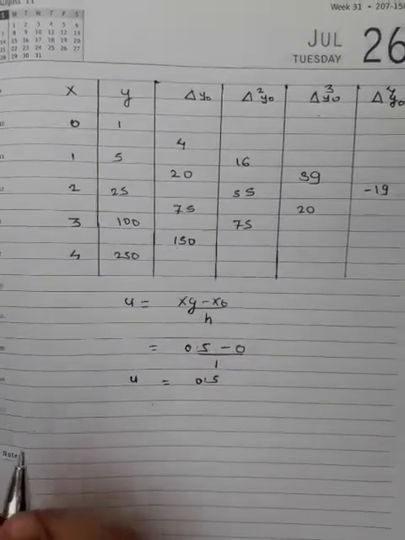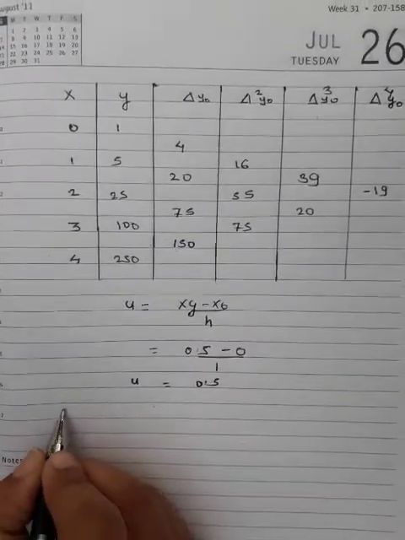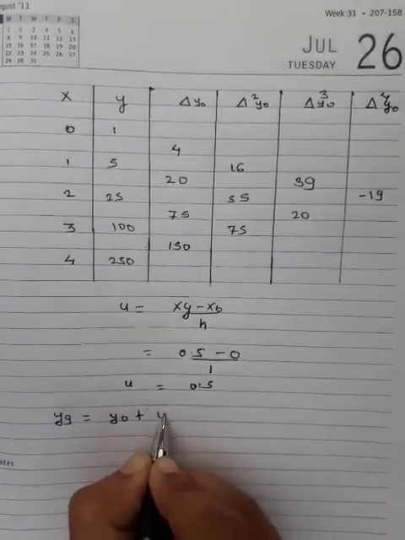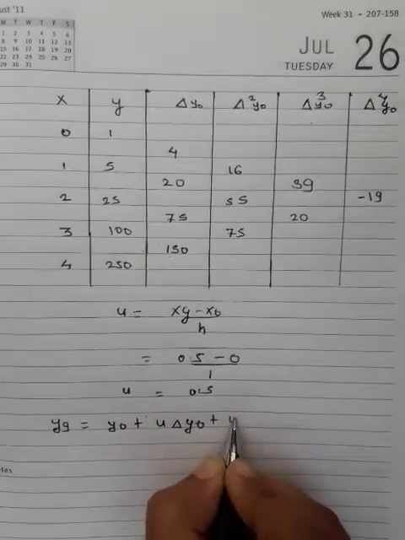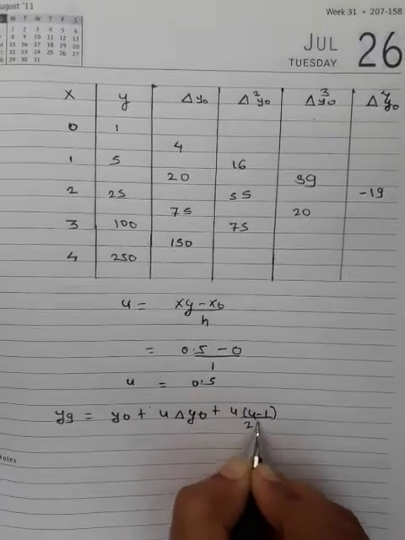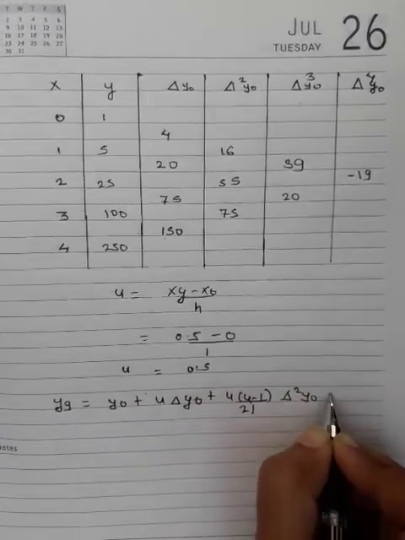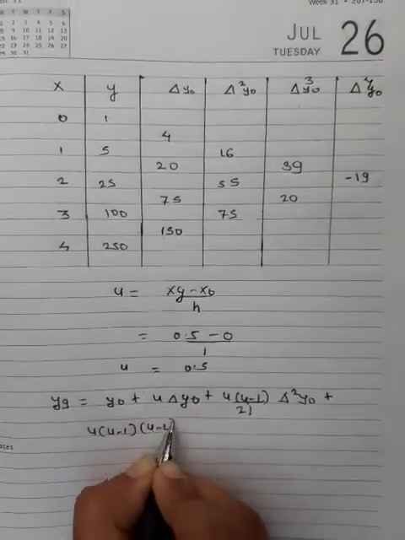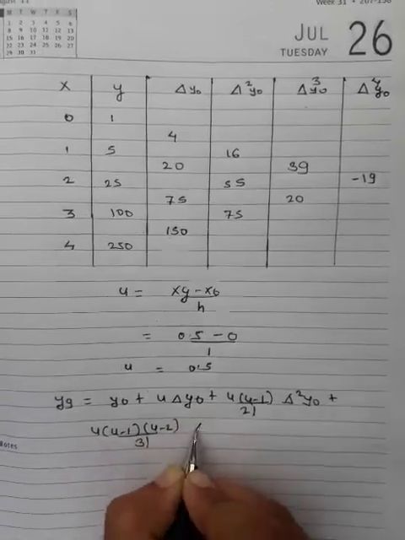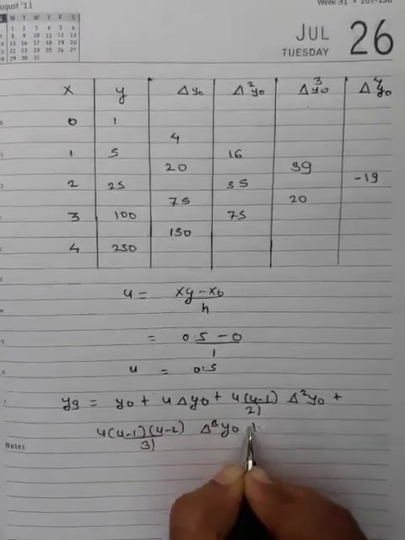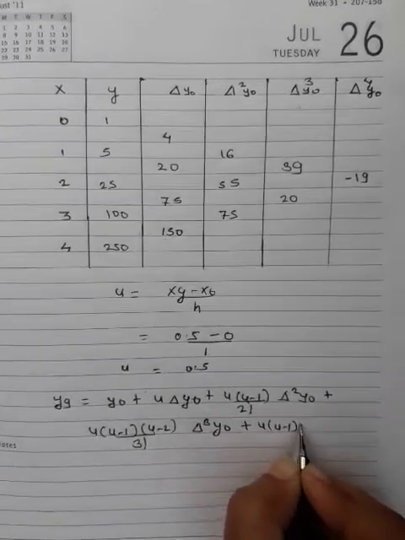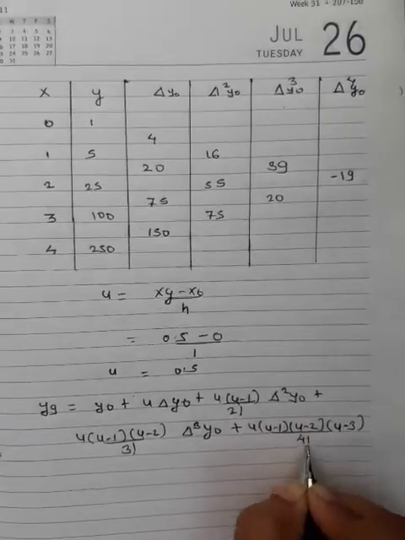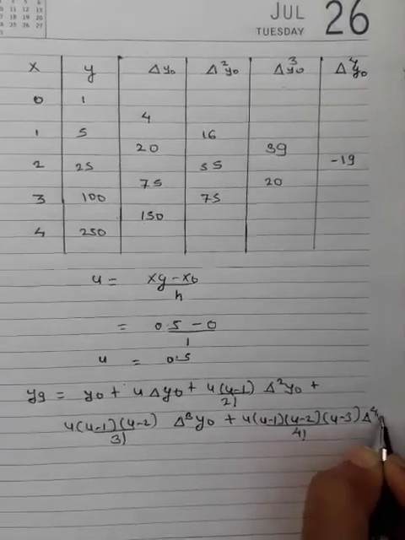After that, you have to write the general formula for the Newton forward method. yg is equal to y0 plus u into delta y0 plus u(u minus 1) upon 2 factorial into delta square y0 plus u(u minus 1)(u minus 2) upon 3 factorial into delta cube y0 plus u(u minus 1)(u minus 2)(u minus 3) upon 4 factorial into delta raised to 4 y0.